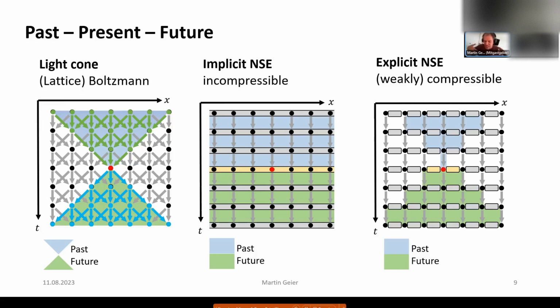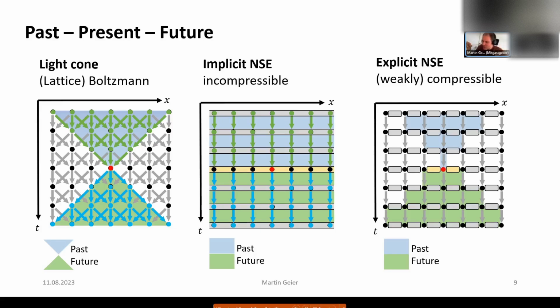So if you think about the incompressible Navier-Stokes equation, where you have to solve a global problem for the pressure, then you are of course very much aware that this one point here in the present depends on all the other points in the past, and all the other points in the future at any time will also depend on this point.